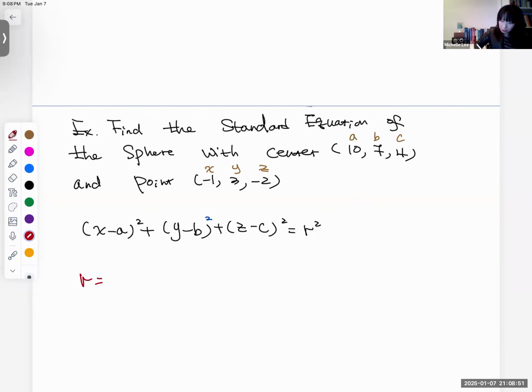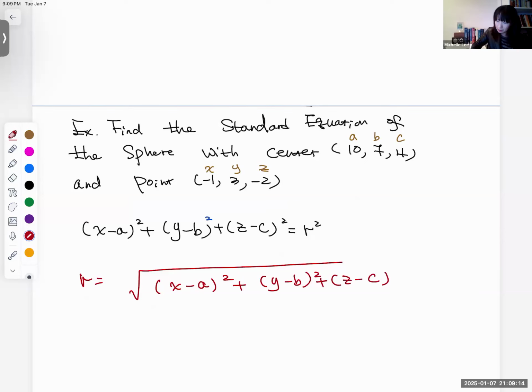So r equals, take the square root of everything, this one, right? So that will be x minus a. Let me just write it down for you. z minus c quantity squared, right?